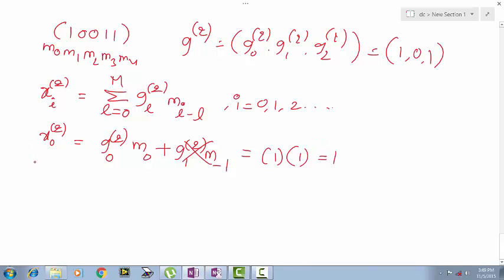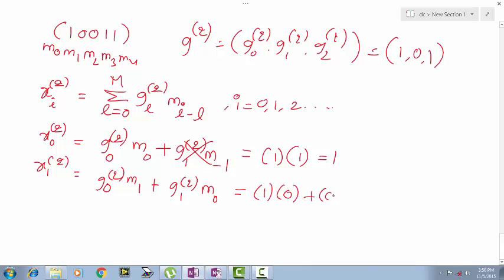Similarly x1 of 2, the second bit of the second output, is g0 of 2 m1 plus g1 of 2 m0. After m0 we don't have the terms. So g0 of 2 is 1, m1 is 0, plus 0 into 1, which is 0.